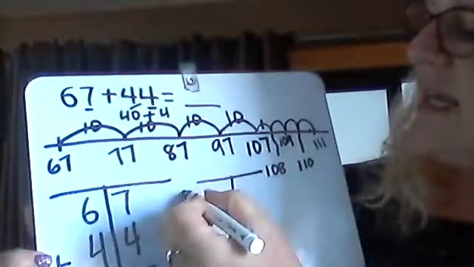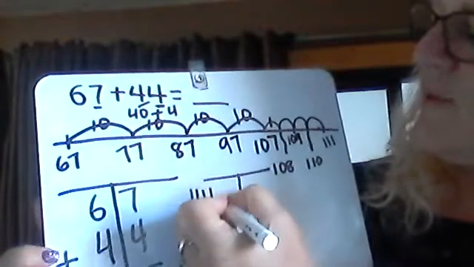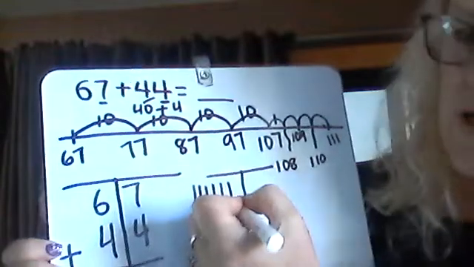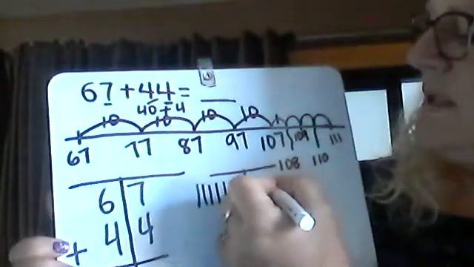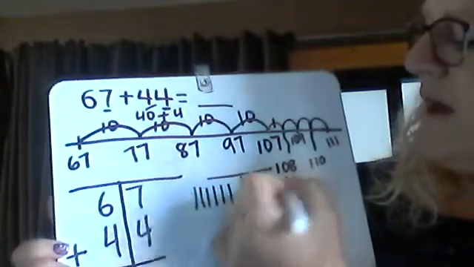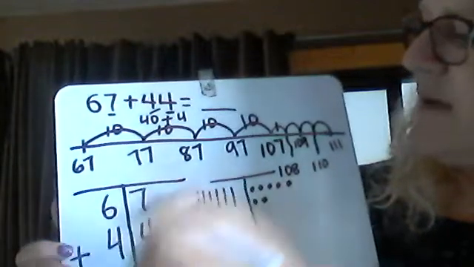67 plus 44. Okay, do I have room? Yeah, I have room. Can you see it? Sorry. Okay, 10, 20, 30, 40, 50, 60. 1, 2, 3, 4, 5, 6, 7.